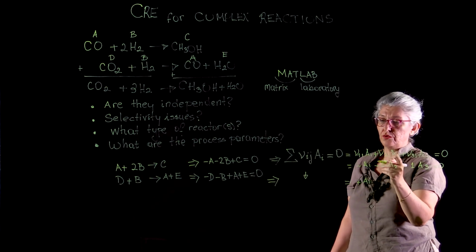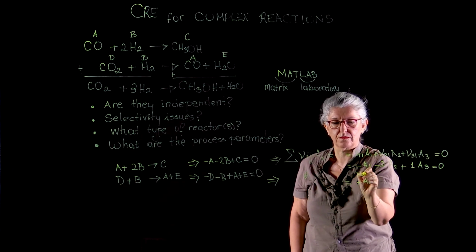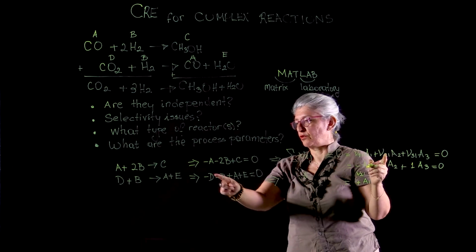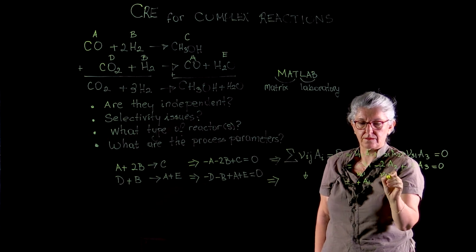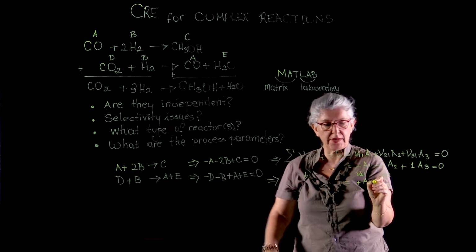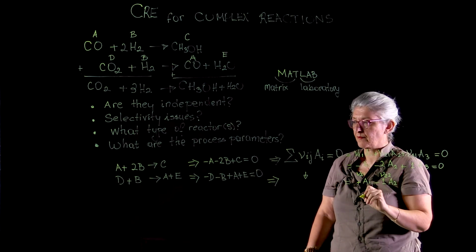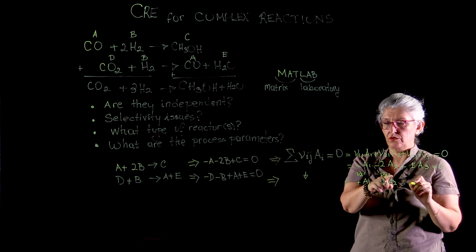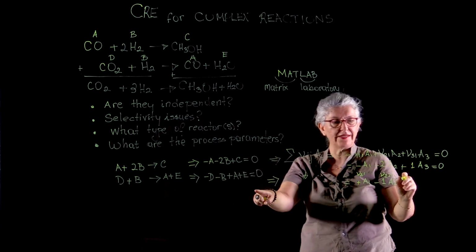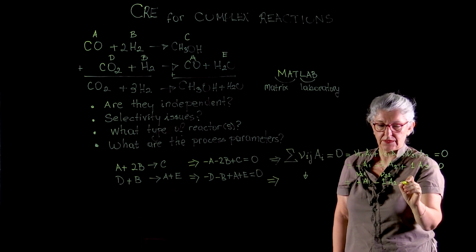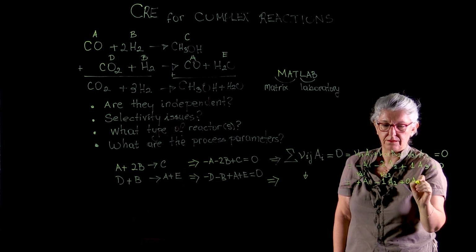Nu 2 2, component 2 is B. B has minus 1 as the reaction stoichiometry, A2. Nu 2 3, the third component is C, and we don't have it here. Let's just put it 0 times A3.